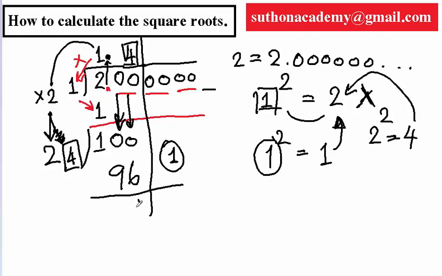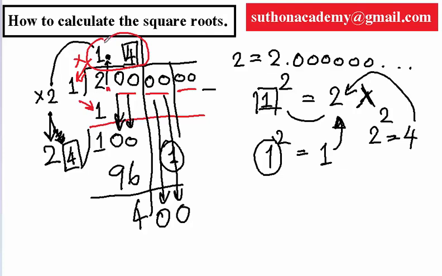So in this case I have 4, and then I bring down 00 again to be 400, and then I times 14 here to become 28. And then I have to think of one number and one number here that would be the same, and it's not greater than 400.